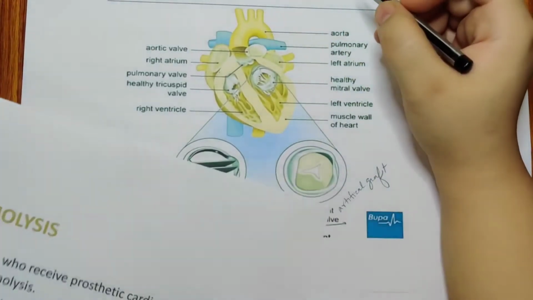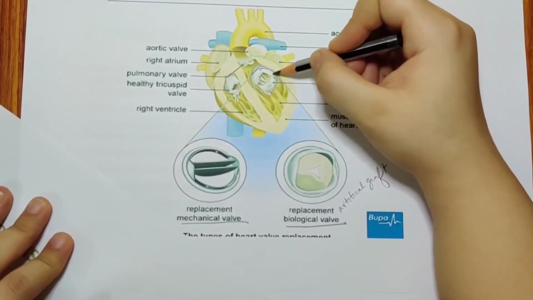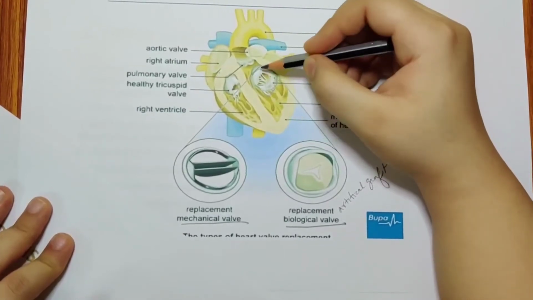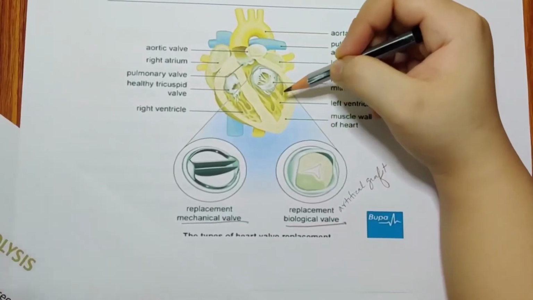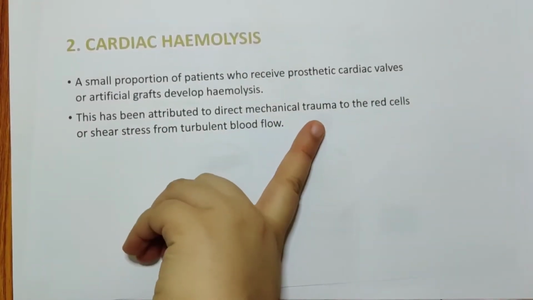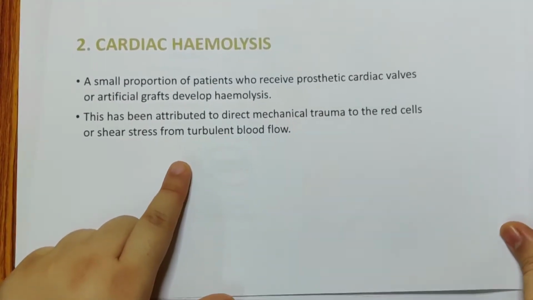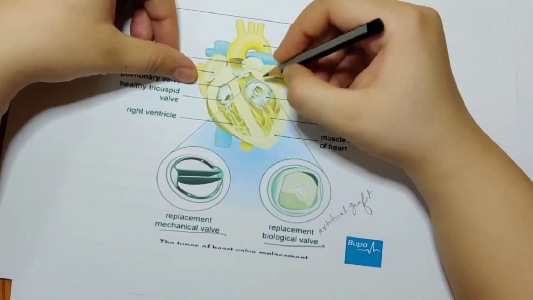Sometimes, especially because of a mechanical heart valve, there is so much pressure as the RBCs cross through that some of the RBCs can break down. It has been attributed to direct mechanical trauma to RBCs or shear stress from turbulent blood flow. You see here we have put a mechanical valve.